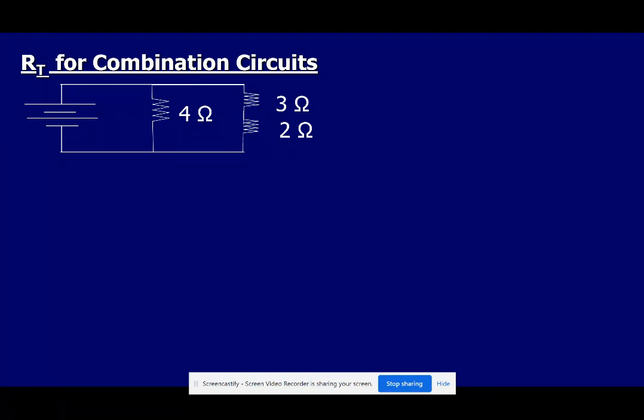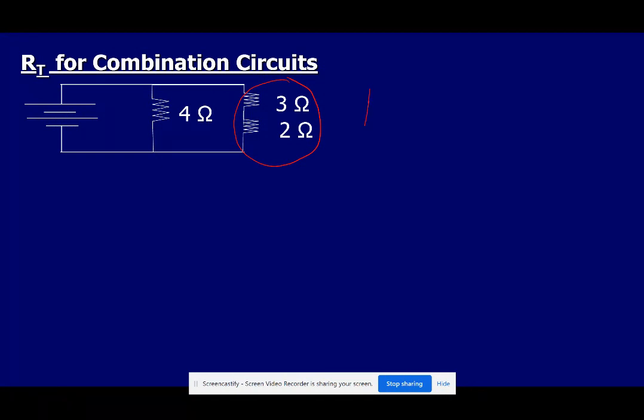So in this particular one, and it just takes practice, I can see clearly that the 3 ohm and the 2 ohm resistor are in series with each other. They're in series because they're in the same path and there's no other resistors in that path. So the 3 and the 2 are in their own path together, so they are in series.